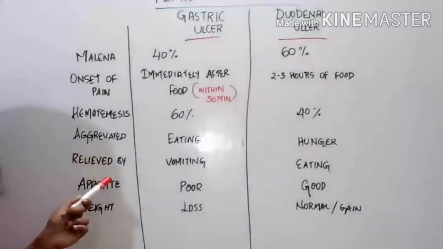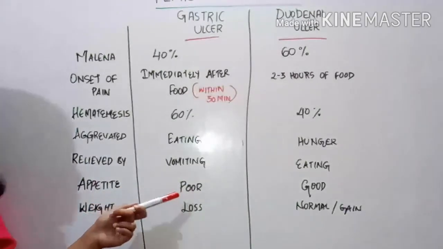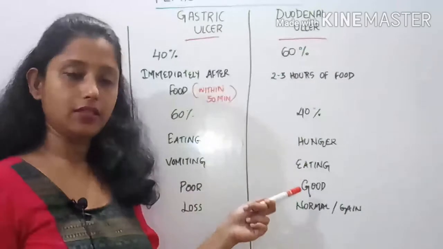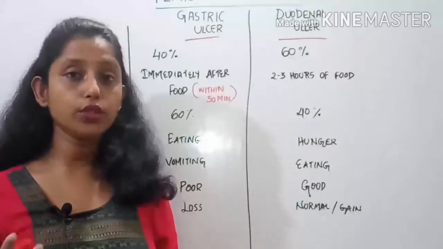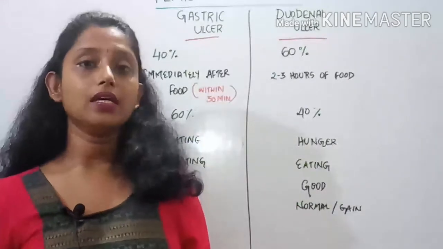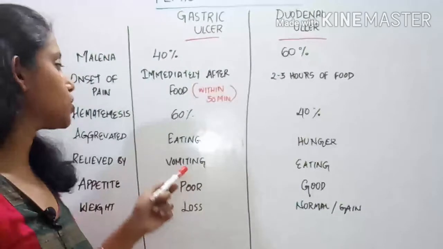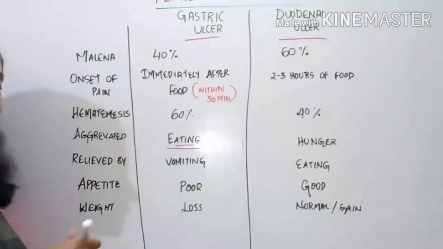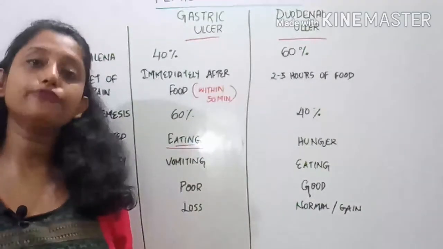And pain is usually relieved by vomiting in case of gastric ulcer, and in duodenal ulcer it is relieved by eating. So one important point which I want you to remember is that specifically in gastric ulcer, since pain is caused by eating, that means having food will increase the pain, the patient will try to refuse eating food.